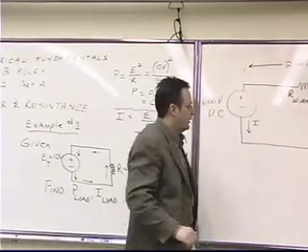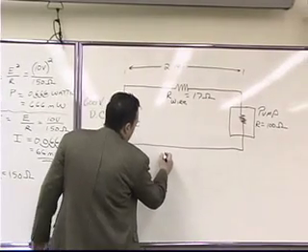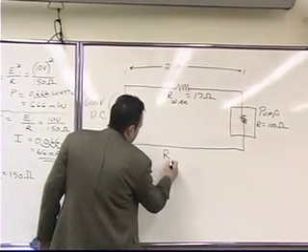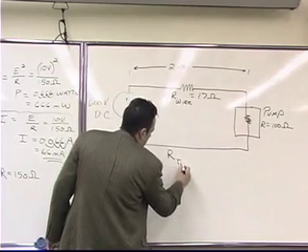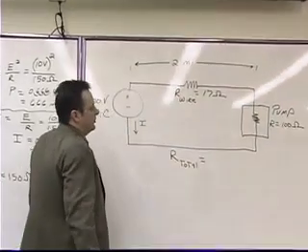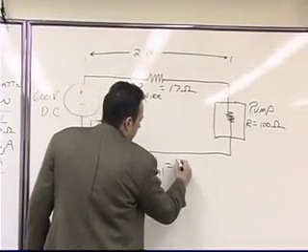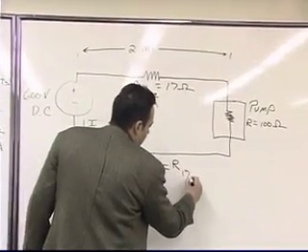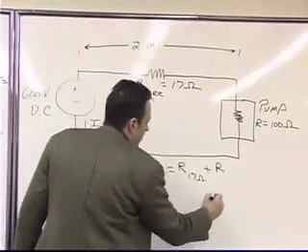So what we can do then is write the equation for series connected resistors. The resistance total, when we have 2 series connected resistors, would be equal to the resistance of the 17 ohm resistor plus the resistance of the pump.